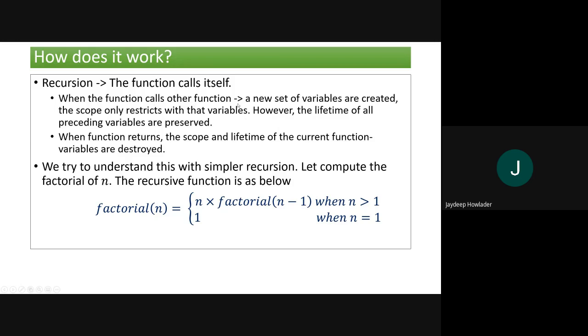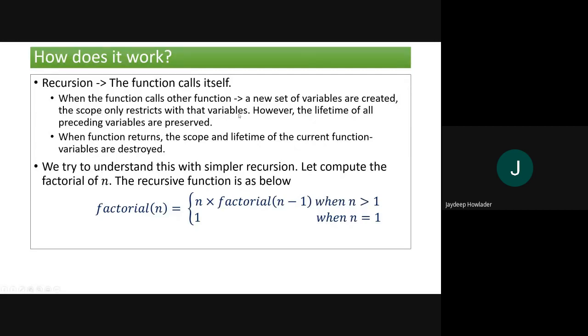So when a function calls another function, what happens? As we understand, the calling function's scope is invisible, but its lifetime is valid. The called function defines its own scope and variables. The same thing happens here also. When the function is calling another function, a new set of variables is created in the called function, and the scope is restricted to those variables.